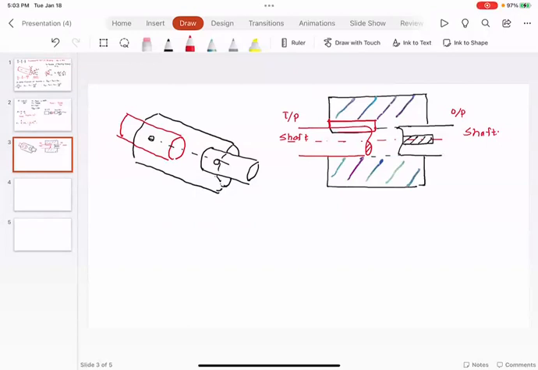You don't want the output shaft to break. The easiest thing to break, just like a fuse, is the key. So you design the key such that if the power transmission is going to fail, it has to fail at the key. That will be the protection against overload.